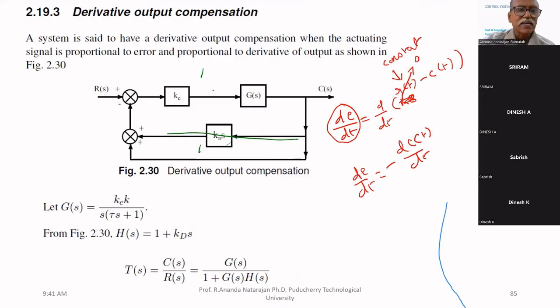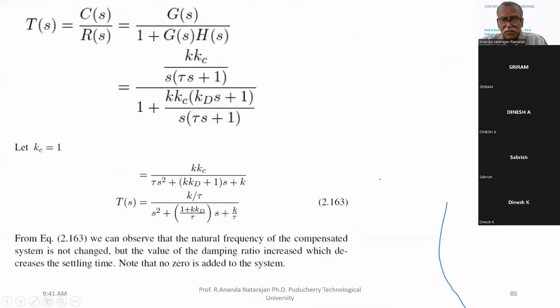So instead of putting the derivative compensator KDS here, we removed that and we take it from C(s). That is called derivative output compensation. The effect is same.